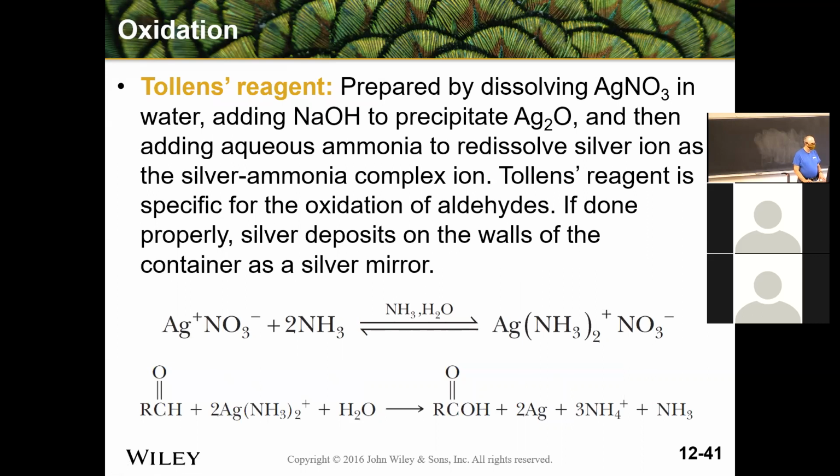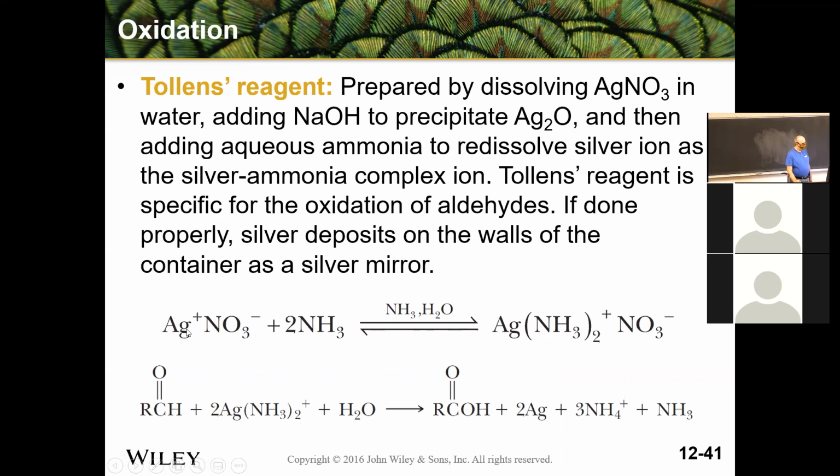Okay, here is the silver reaction that I was talking about earlier. If we take silver nitrate in ammonia, this is done in basic solution. The silver ion is very tightly complexed by the ammonia.